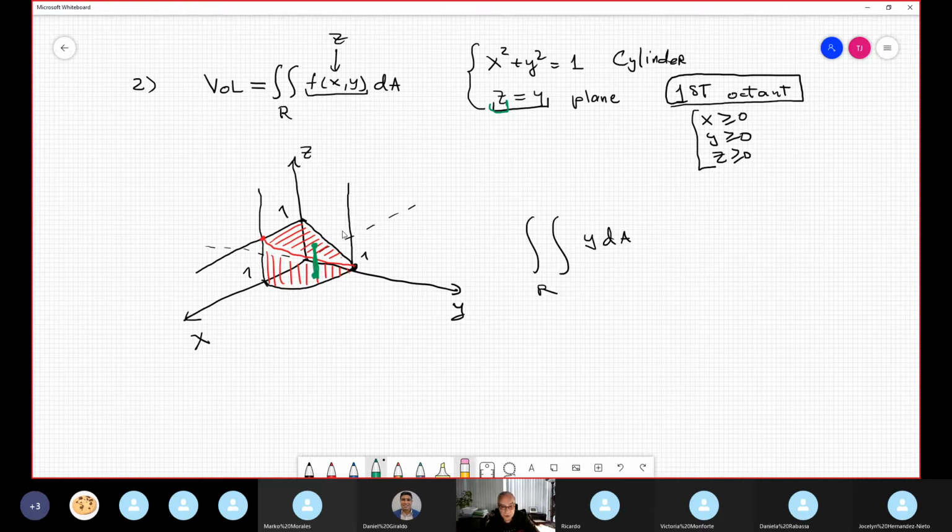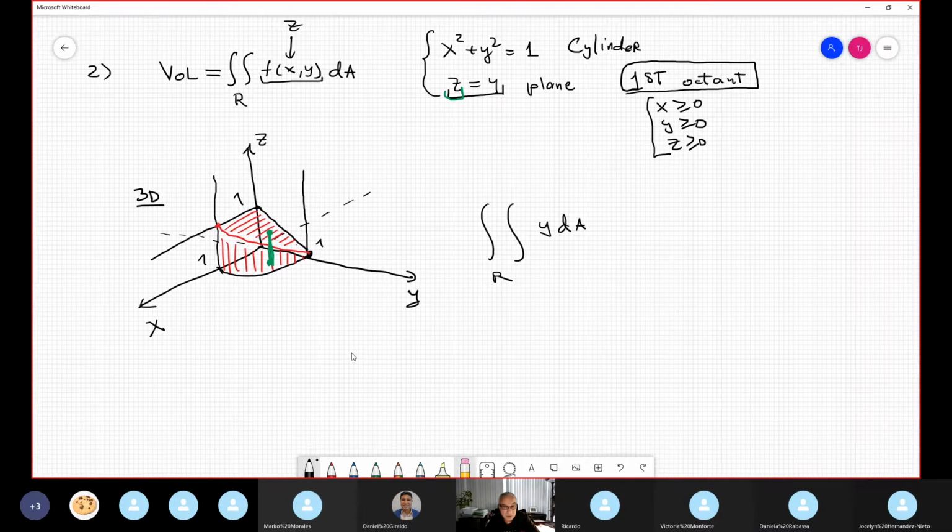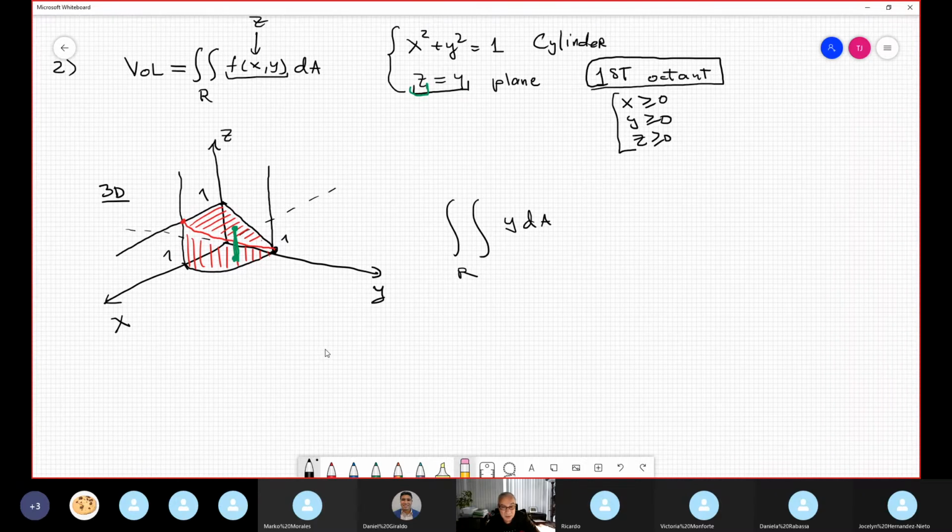However, in order to understand the region R, I'm projecting onto the xy plane, because basically it's a 3D picture, and now a 2D picture looks like, suppose xy. Remember, there are different kinds of 2D.